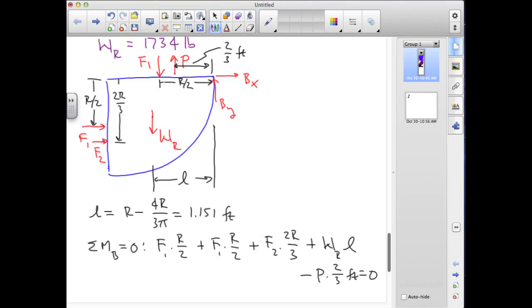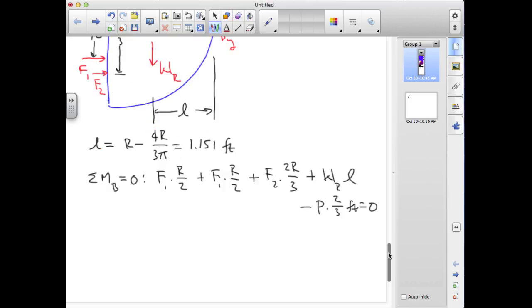If we turn that around and solve for P, then we get P is equal to 3 over 2 feet times, we can combine the two F1 r/2 terms to give just F1 times r.